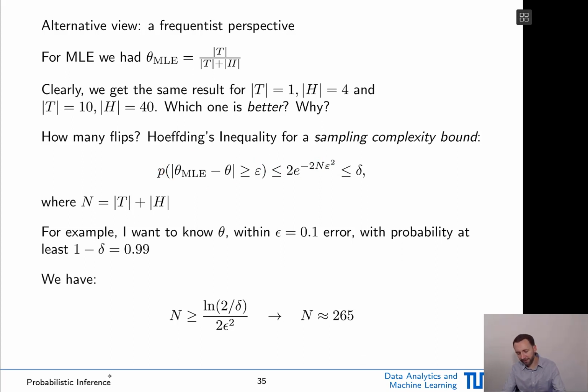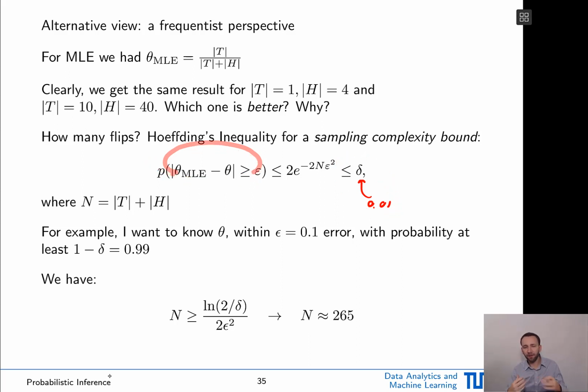Or put differently, let's say we want to be sure, and here we have written it, so we want to make sure that we are at most 0.01 off. Okay, so remember, this is the probability of being off, far away from the true value. Okay, and we want to make sure that the probability of being far away from the value is smaller than 0.1.